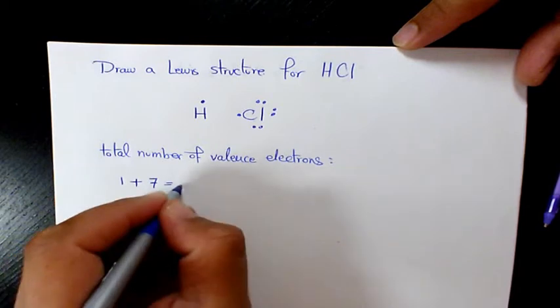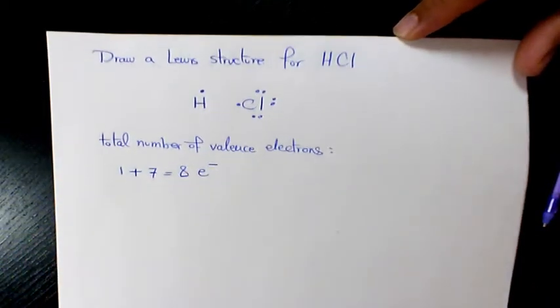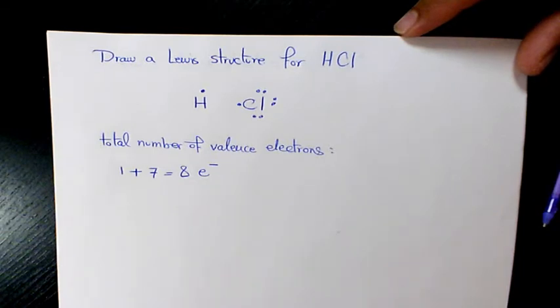That's going to be 8 electrons in total. So in step 2 we counted all the valence electrons for all the atoms in the molecule. So the total number represents the total number of electrons you can use in your Lewis structure.